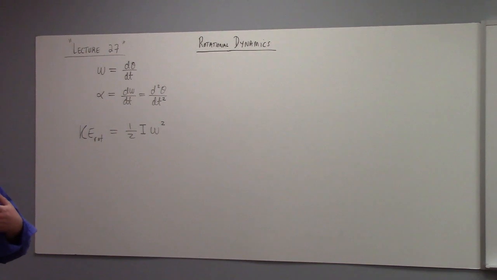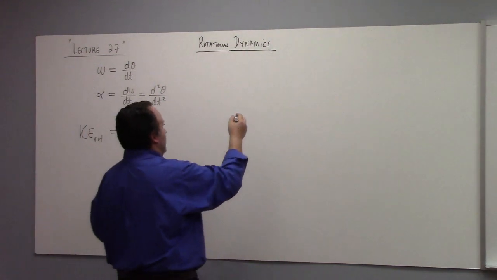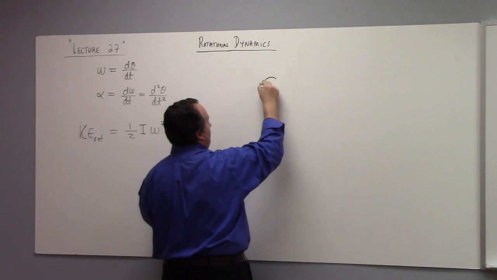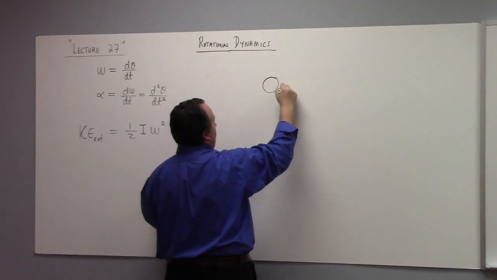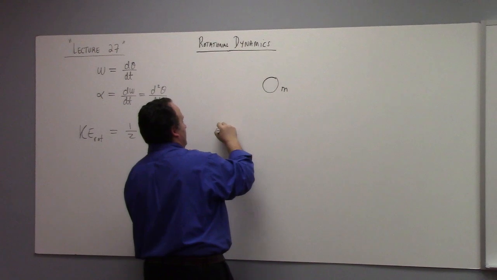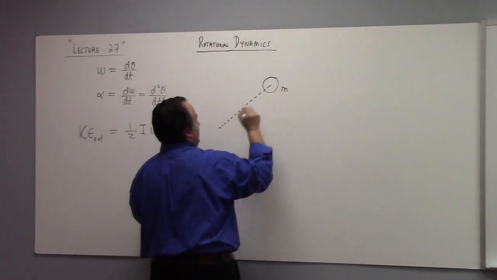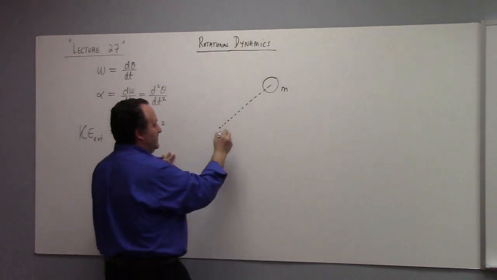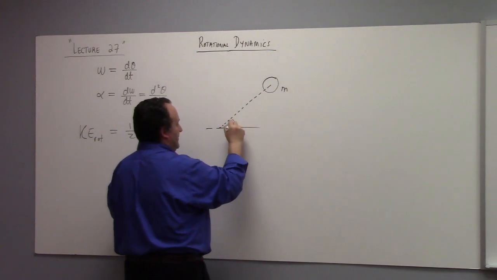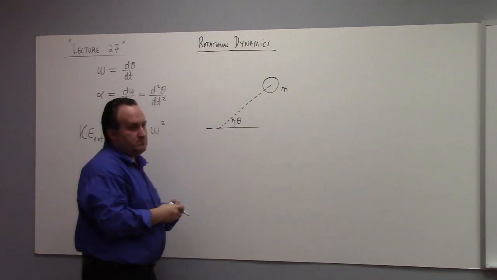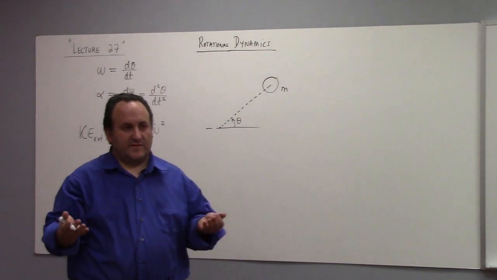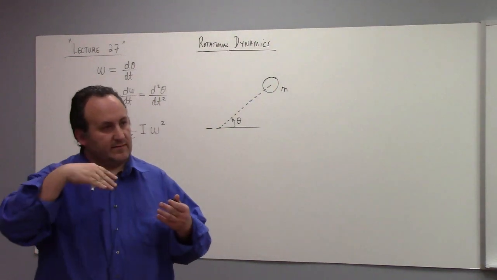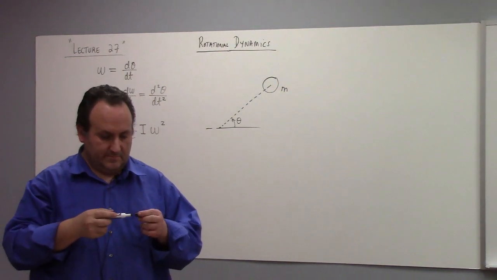And so the answer to that is there's got to be some force, right? So let's just think about, you've got a mass, and we're talking about it with respect to some axis of rotation. So we can measure the angle theta like this. And there's some force on this mass that's causing it to rotate. What kind of force would make it rotate?